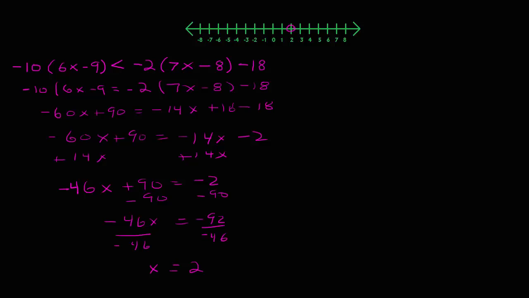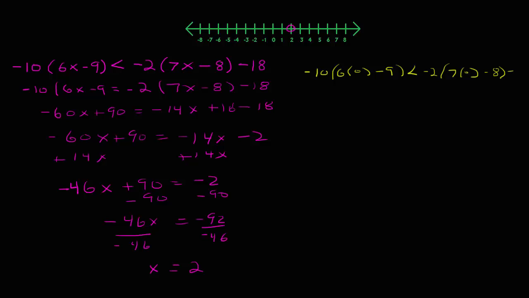Pick a value other than 2 to plug into the original inequality. I'll pick the number 0 again. So negative 10 times 6 times 0 minus 9, is that less than negative 2 times 7 times 0 minus 8 minus 18?